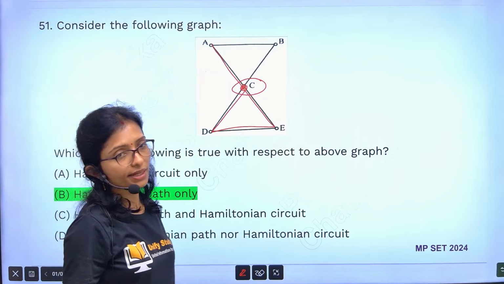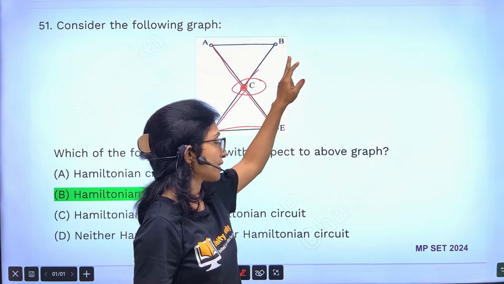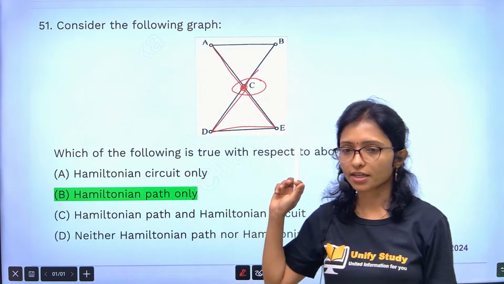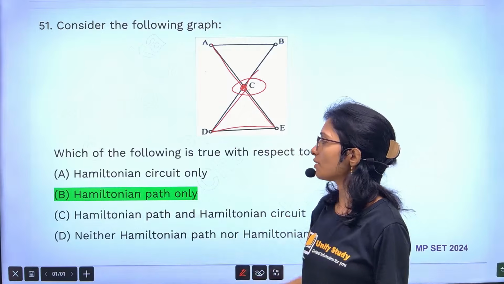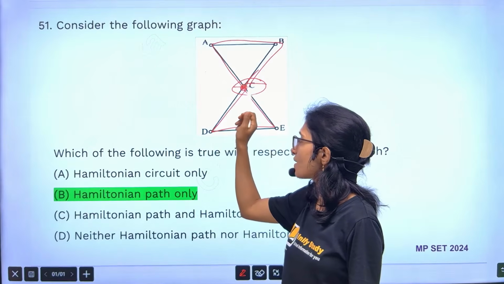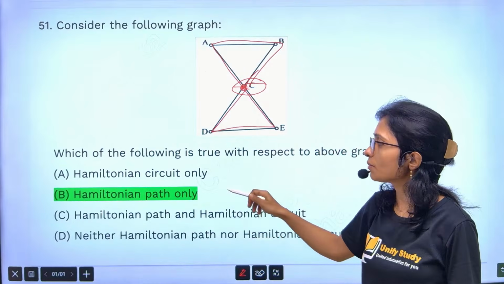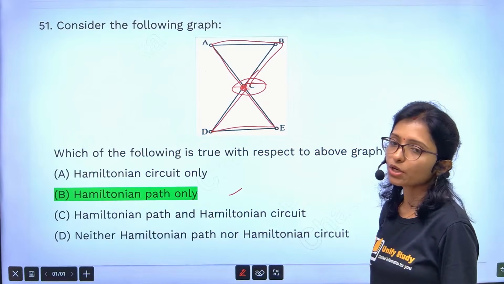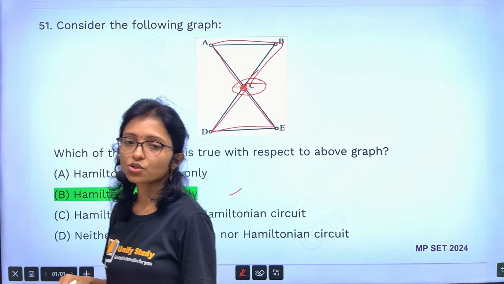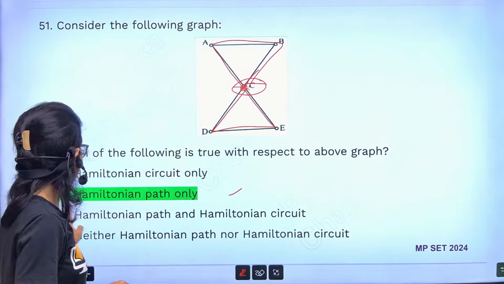Hamiltonian cycle means you cannot repeat the vertex. Articulation point. Here you cannot repeat the vertex. As you are not able to repeat the vertex, although you are coming, it is violating this. That's why only a Hamiltonian path exists. Hamiltonian cycle will not exist. Right? So your answer is this one.